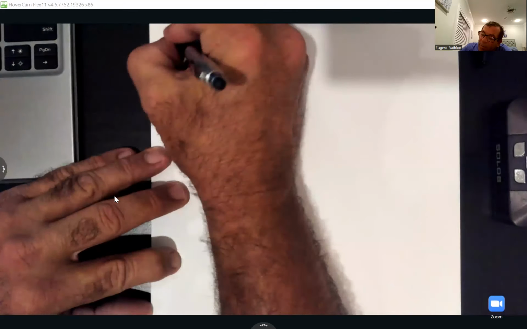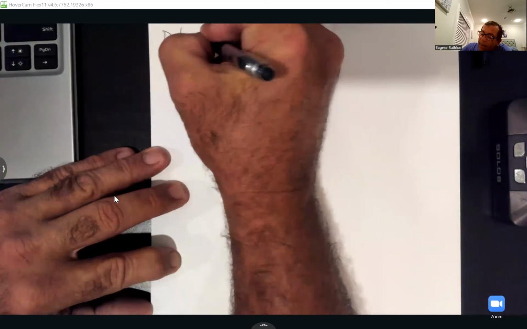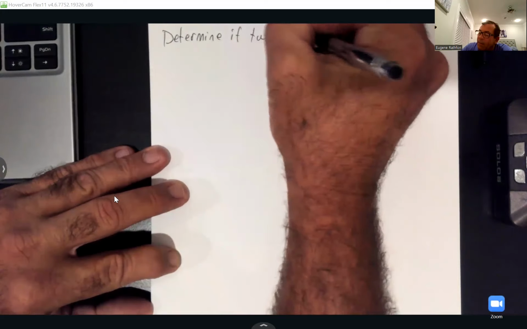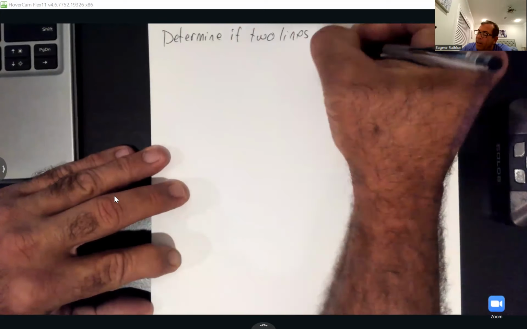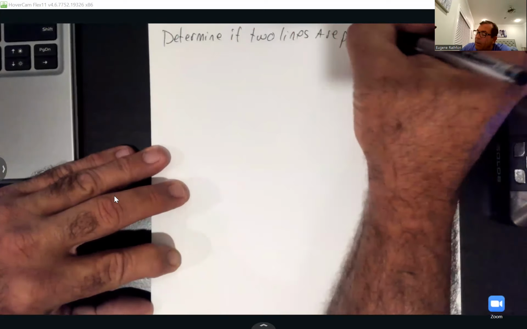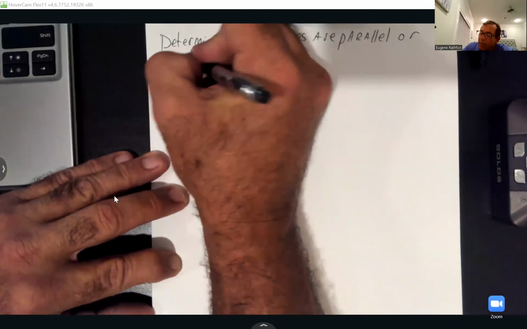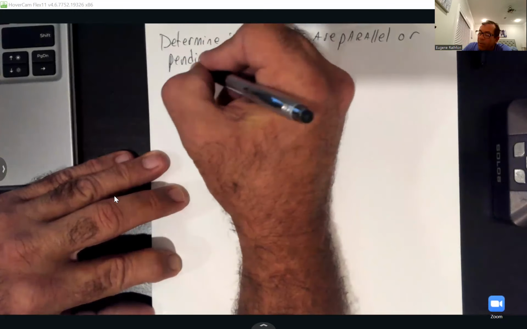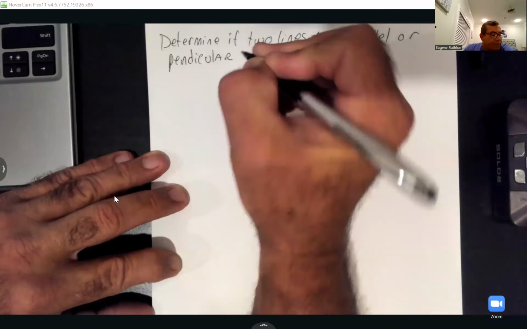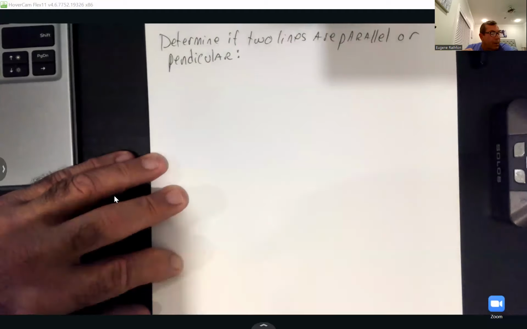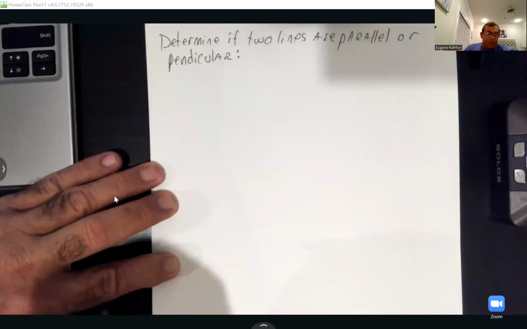So we're going to determine if 2 lines are parallel or perpendicular. Okay, so here's the thing.